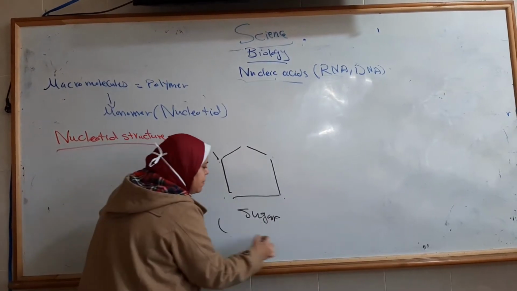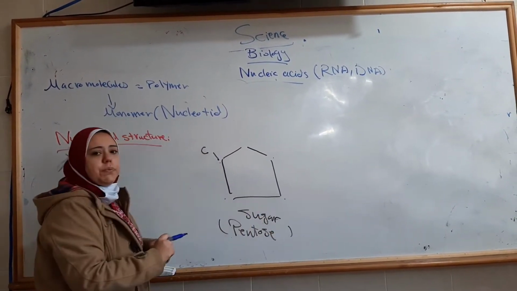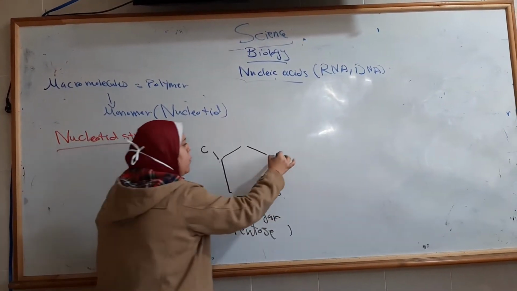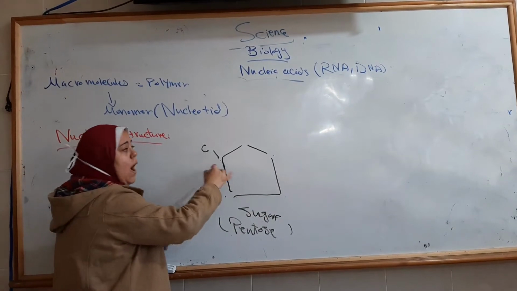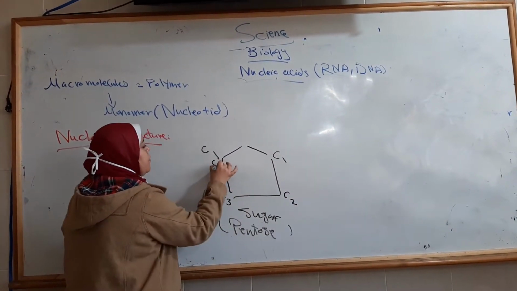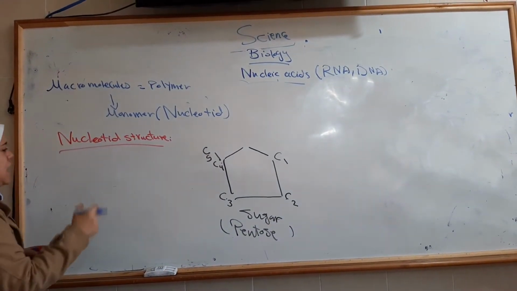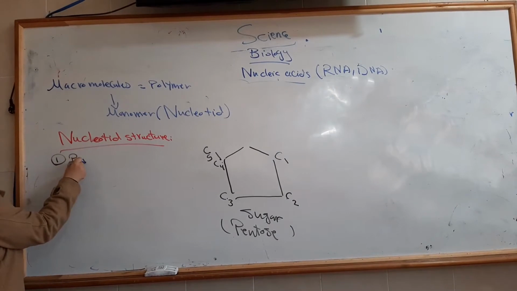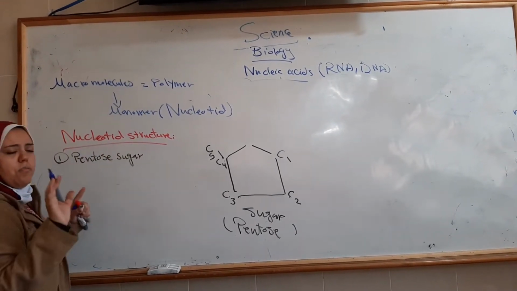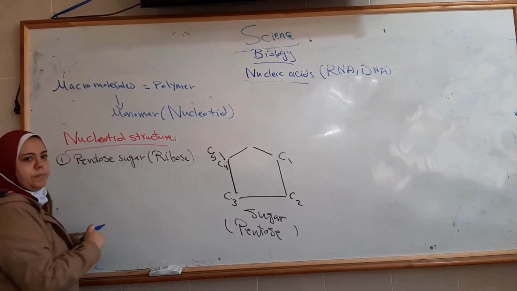So the type of sugar here is a pentose sugar. How can I count the number of carbons? Clockwise: carbon 1, carbon 2, carbon 3, carbon 4, and carbon 5. So the first structure here is a pentose sugar, and the type of pentose sugar here is ribose sugar.